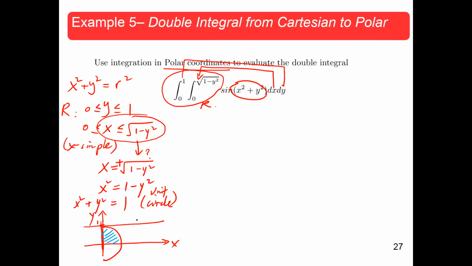Okay, then how do we convert this region R using polar? Next, we need to convert that from Cartesian to polar. Just change the boundary points. Yeah, change the boundary, and let's describe that using r and theta.